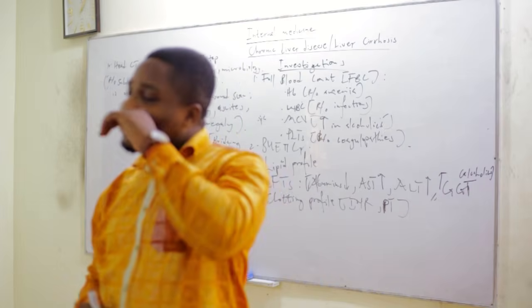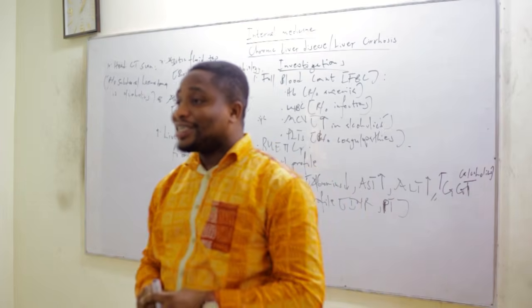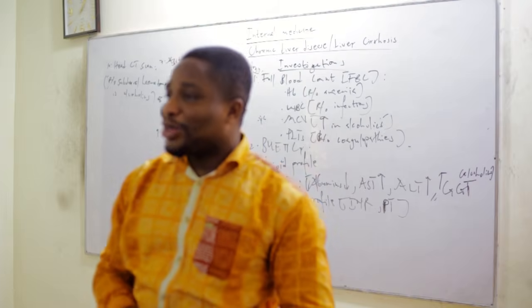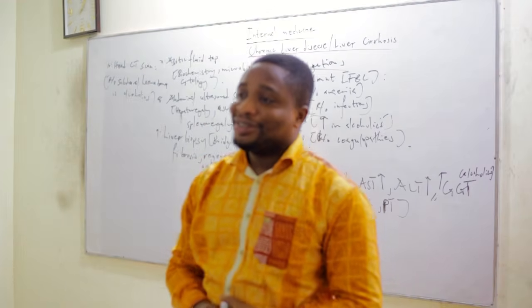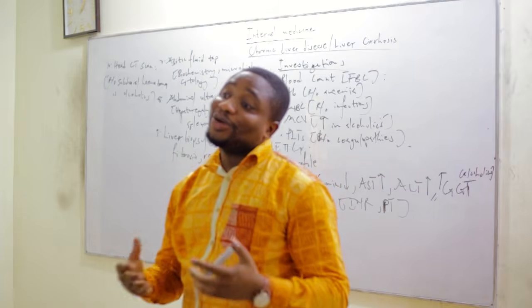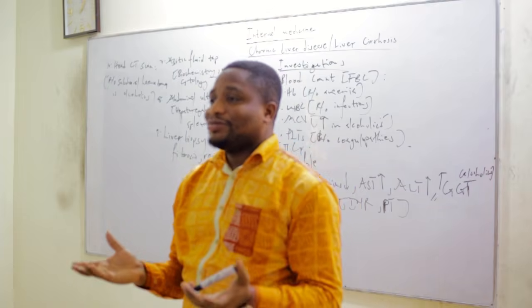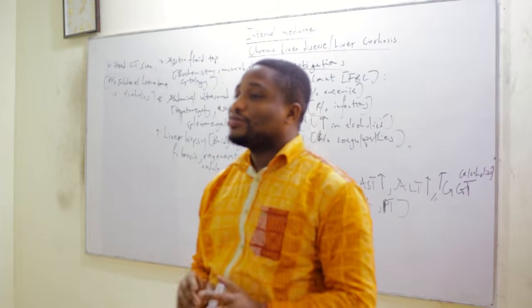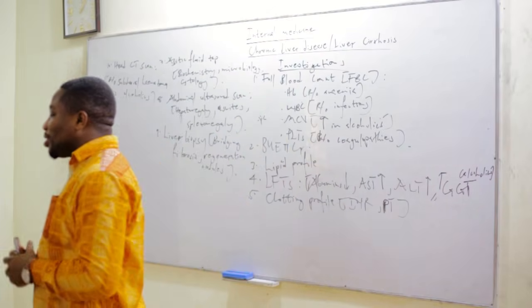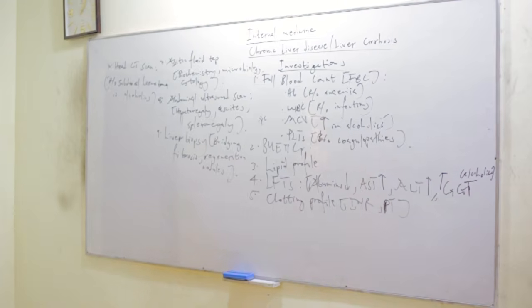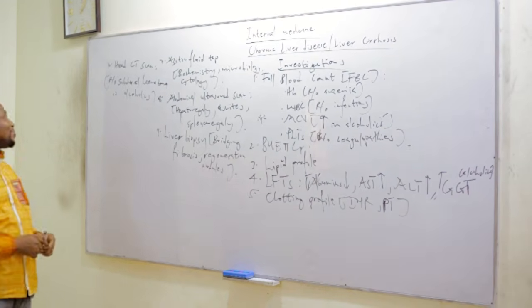I requested a CT scan of the head, and it came up as subdural hematoma. So alcoholics can fall down without knowing. When they come, you ask them, they are not really oriented. It's always wise to introspect so that you can get the diagnosis right.